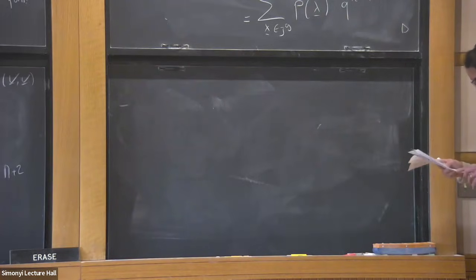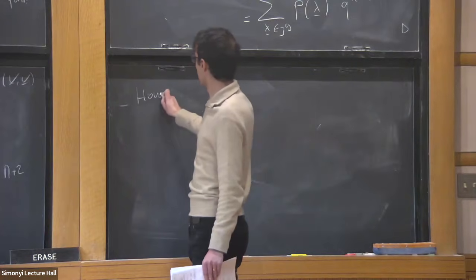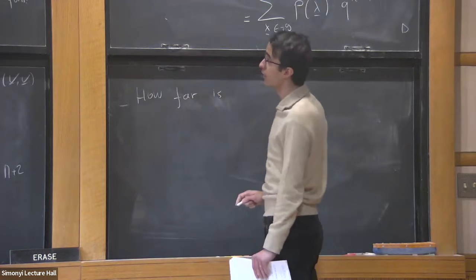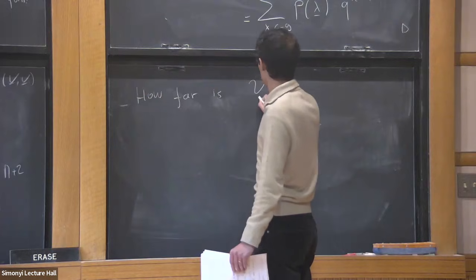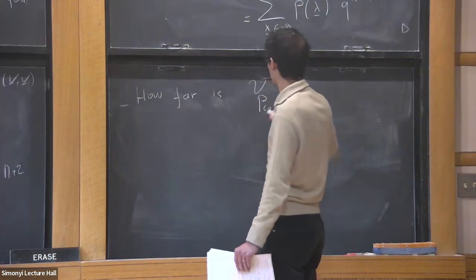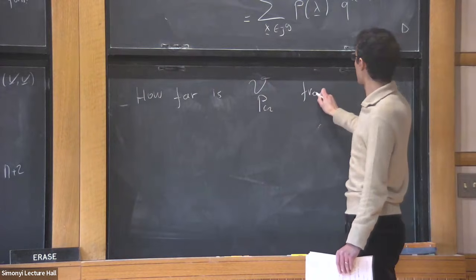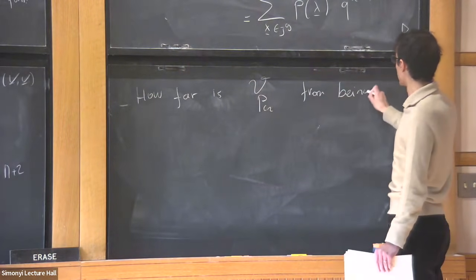So I guess the question is, let's say for PC2, how far is this theta of PC2 from being just an honest holomorphic modular form?